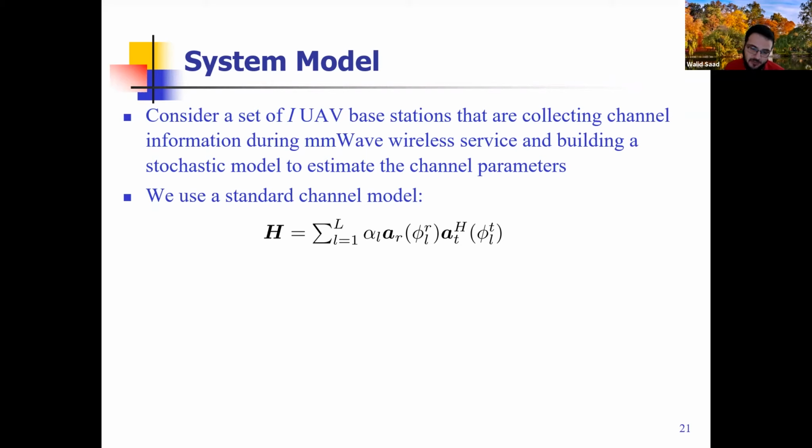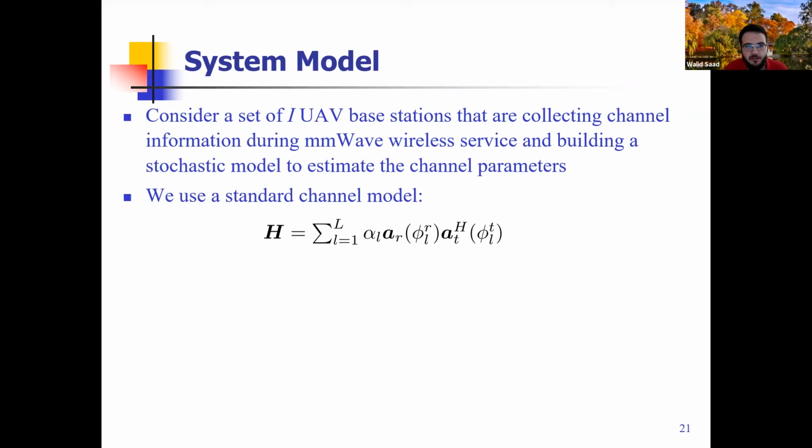So if you're in a UAV network, you're interested in knowing the spatial temporal map of your possible channel gains over an environment or a possible area. You can apply the same for a standard base station, but UAV is interesting in this case.